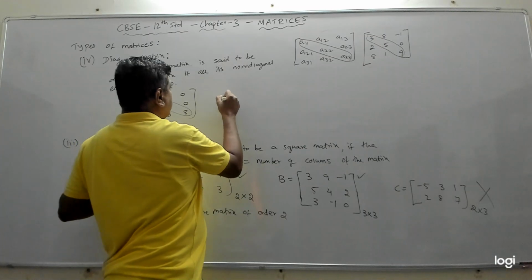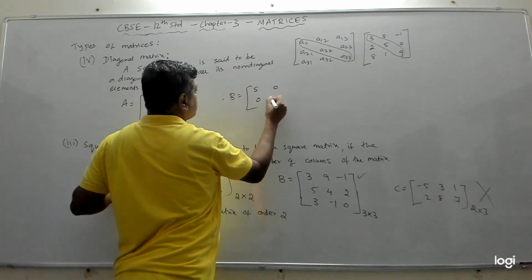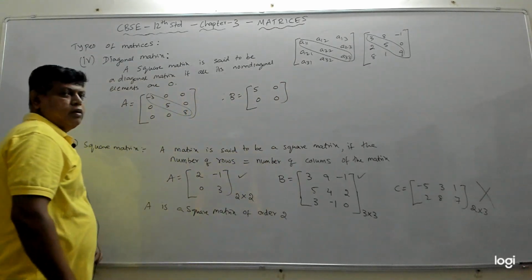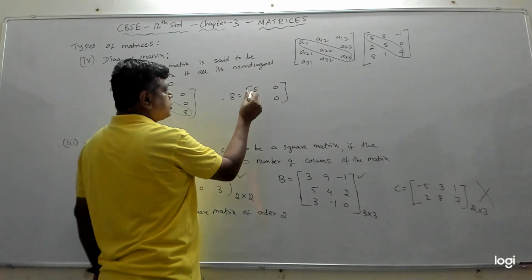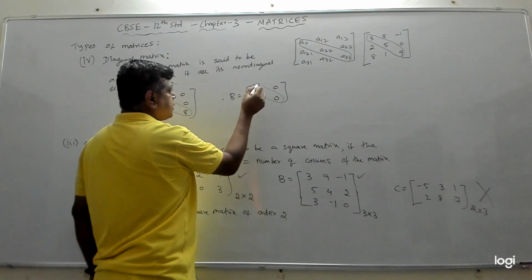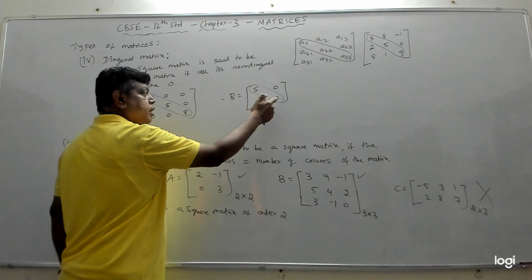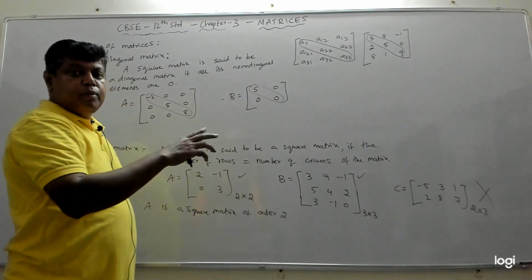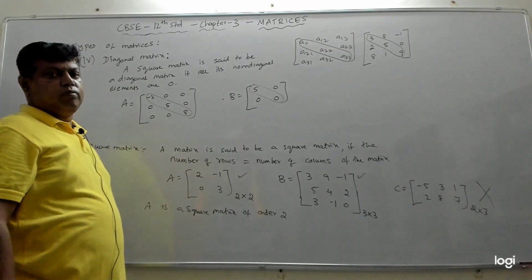Right? We can also have it like this. B is, suppose, 5, 0, 0, 0. This is also a diagonal matrix because these are the non-diagonal elements. You mark the diagonal elements. Other than these, everything else should be 0. The diagonal elements can be anything. It can be 5, it can be 0 also. The diagonal elements can be any number or 0. But the non-diagonal elements must be 0.